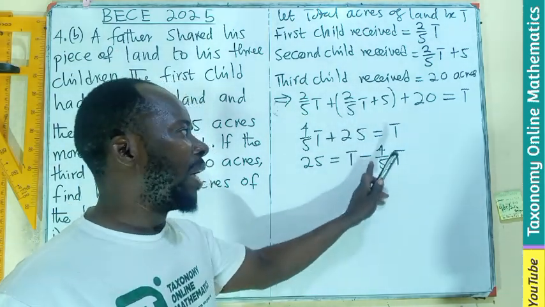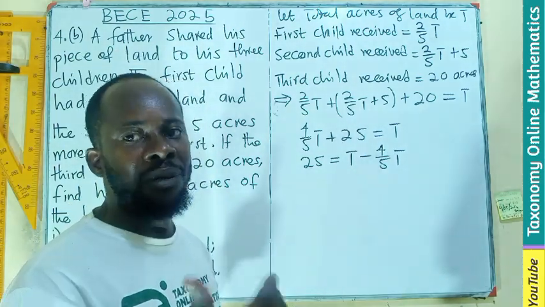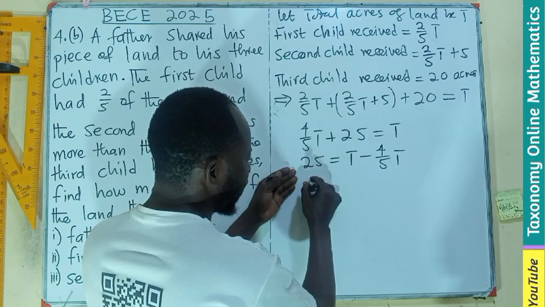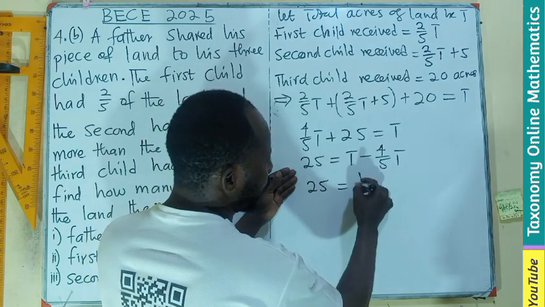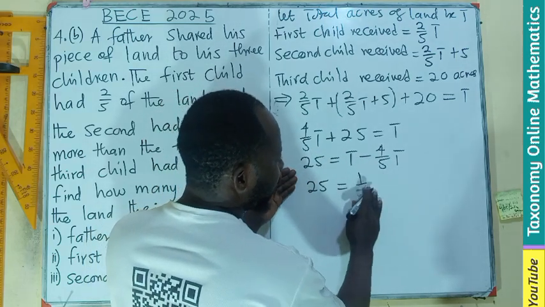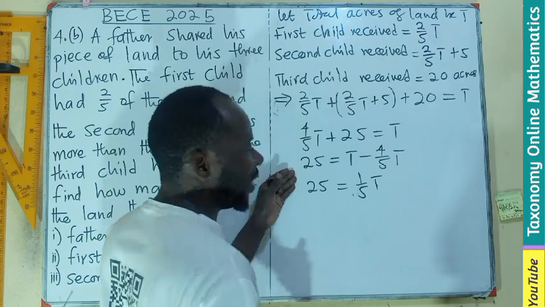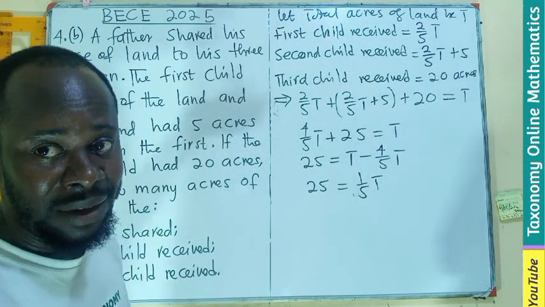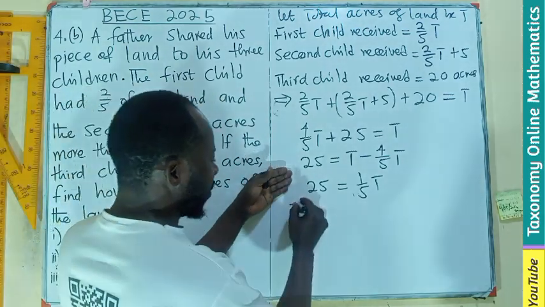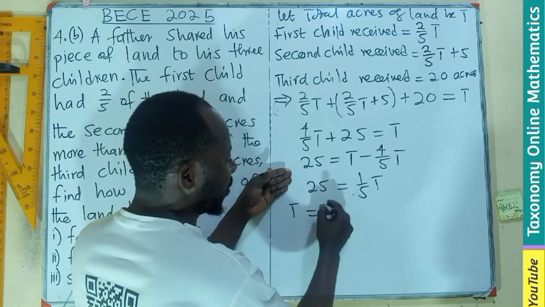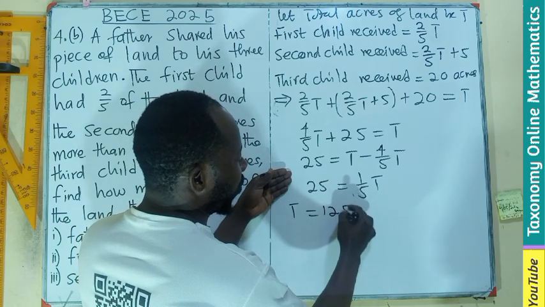So 1 minus 4/5, that will give you 1/5. So we'll be having 25 equals to 1/5 of T. So here I can multiply by 5 to have T equals to 5 times this, that is 125.